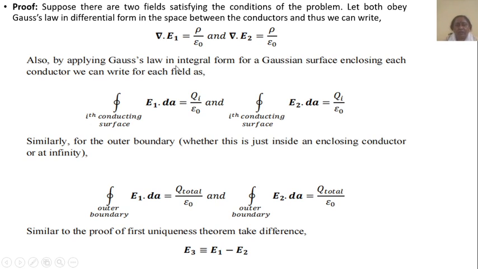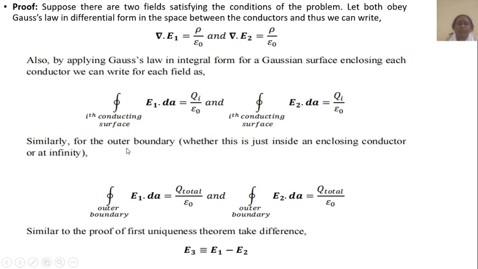By applying Gauss's law in integral form, with a Gaussian surface enclosing each conductor, we can write for each field: closed integral over the i-th conducting surface E1 dot dA equal to Qi upon epsilon 0, and also closed integral over the i-th conducting surface E2 dot dA equal to Qi upon epsilon 0.